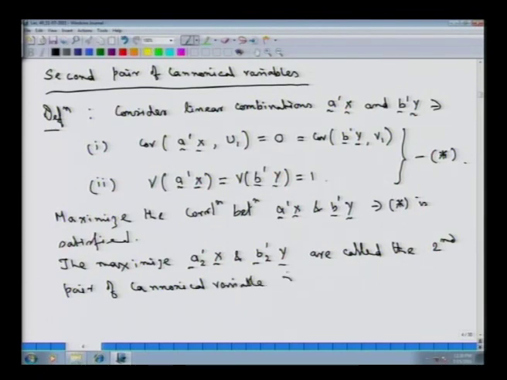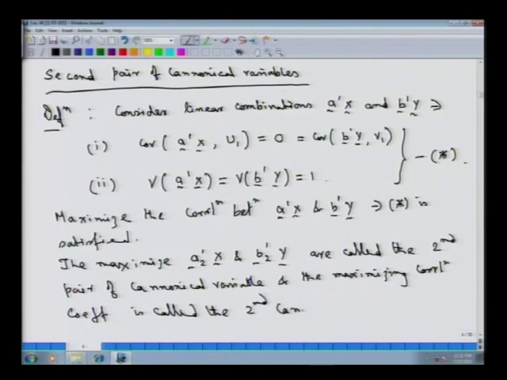And the maximizing correlation coefficient is called the second canonical correlation coefficient.